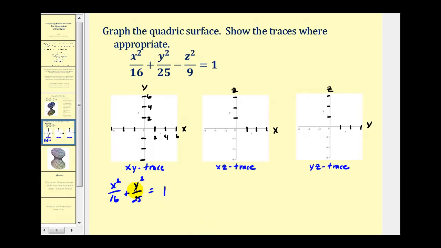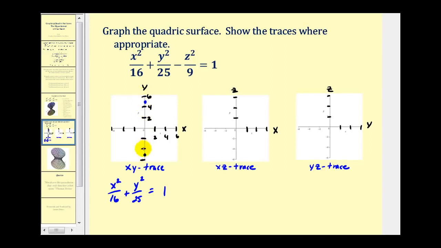And notice that the larger denominator is under the y term, so the major axis will be vertical. And this ellipse is also centered at the origin. So a squared is equal to 16, b squared is equal to 25. So since b is 5, we'll go up 5 units on the y-axis and down 5 units on the y-axis.